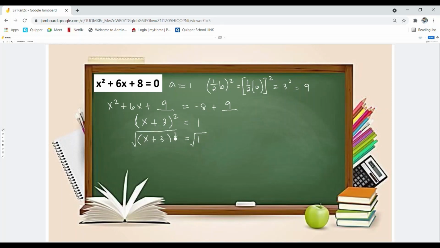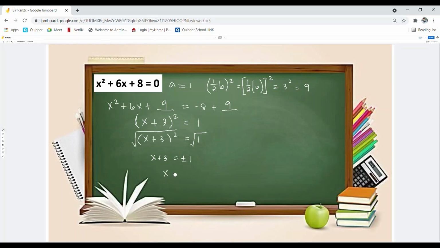The square root of the quantity x plus 3 squared is x plus 3, equals, of course, the square root of 1. 1 is a square, so it is positive negative 1. Again, positive negative 1. Next, you are going to transpose positive 3 so we can isolate x.